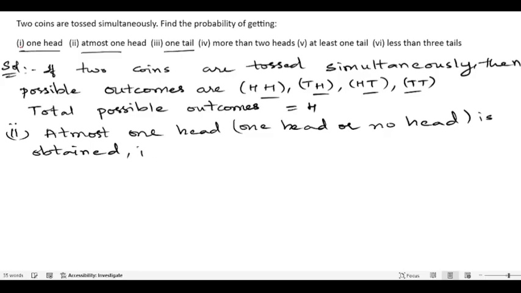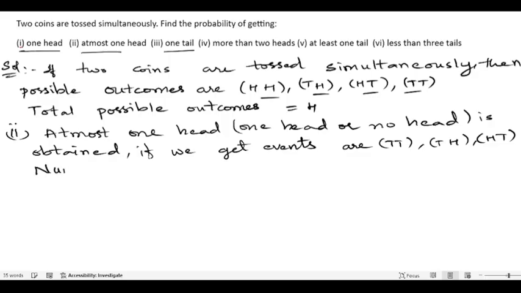So when do we get this? If we get these events: tails, head, tail. So these all are having at most one head or no head. So the possible outcomes, number of success, is equal to 3.